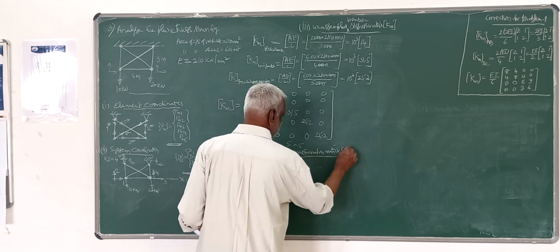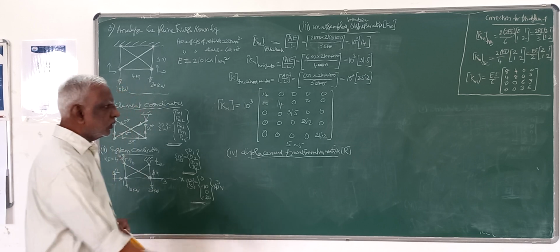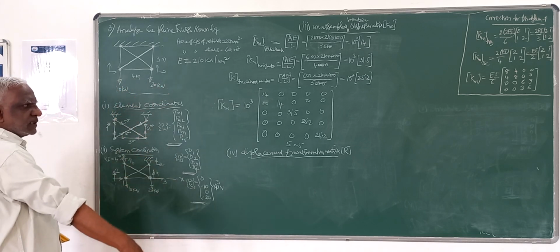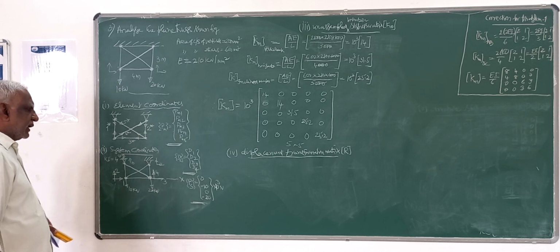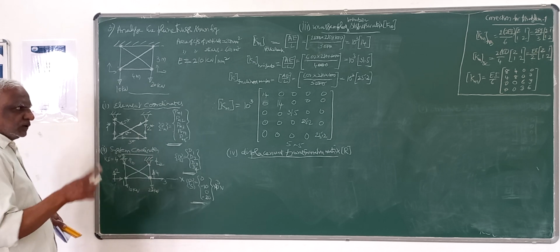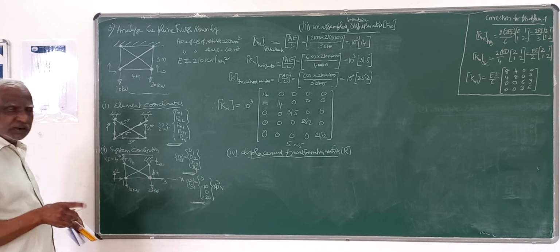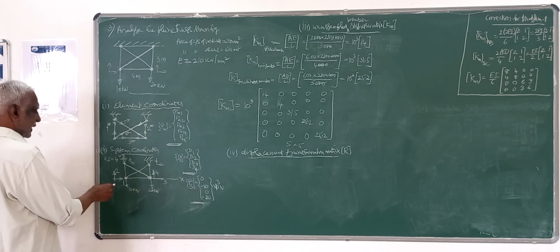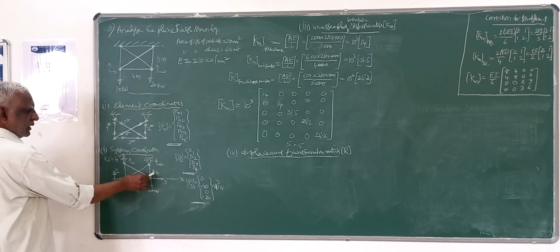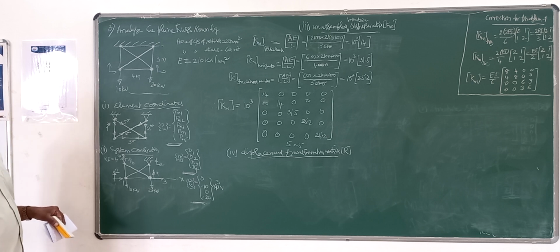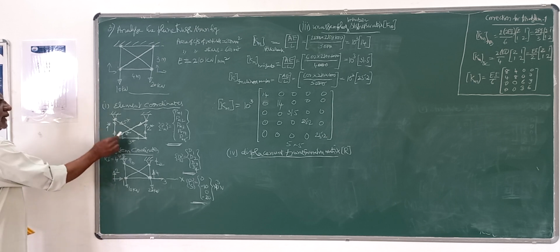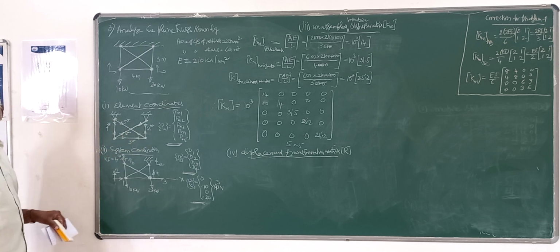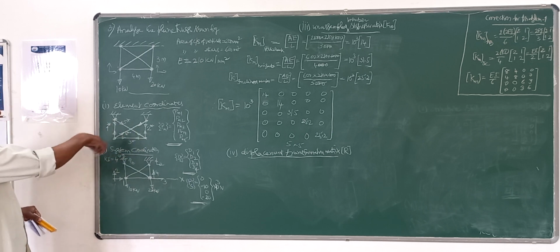To obtain this, for each column of this transformation matrix I have to apply unit displacement, successively along the global directions, and find the displacements corresponding to the member coordinates.